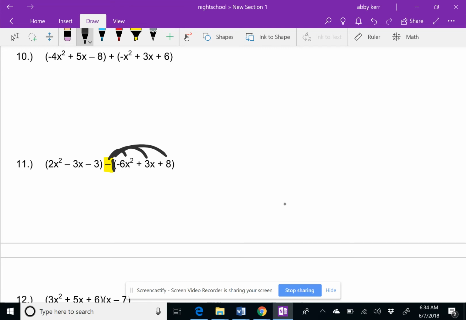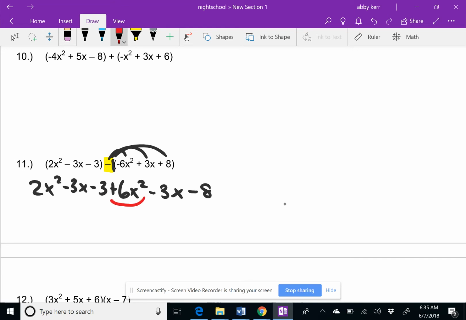So negative times negative gets you that positive 6x squared. -1 times 3x gets you that minus 3x. And then -1 times a positive 8 gets you a -8. And then we treat it just like a problem we did above, where we combine like terms.